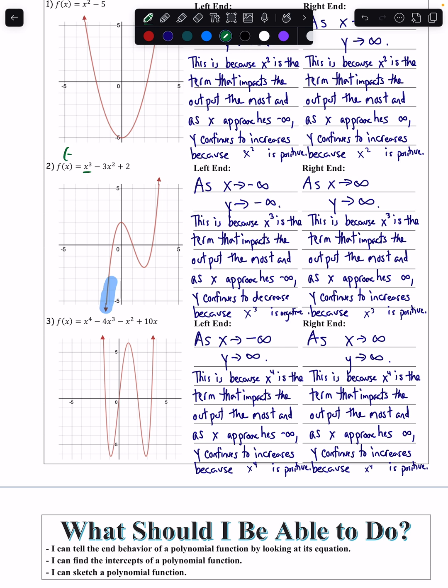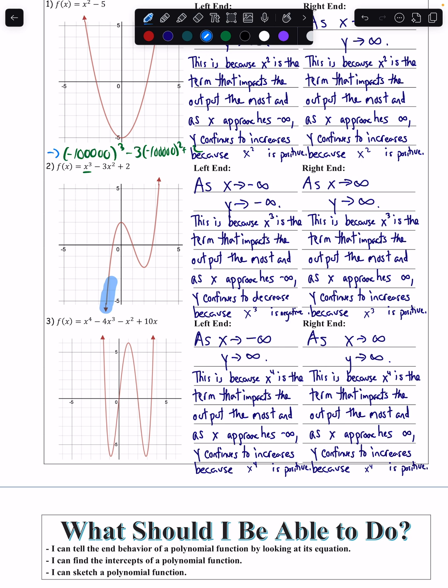Think about if we had negative 100,000 to the third minus 3 times negative 100,000 squared plus 2. Negative 100,000 squared is going to be a pretty large number, but negative 100,000 to the third is going to be a much larger number. So that's really going to outweigh everything else.